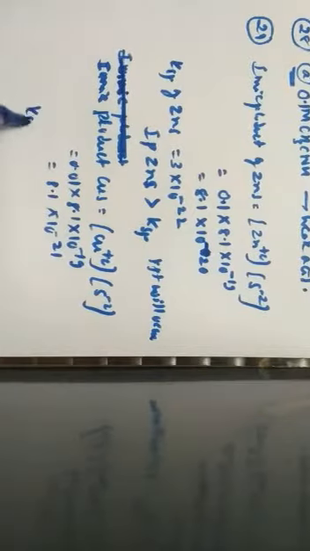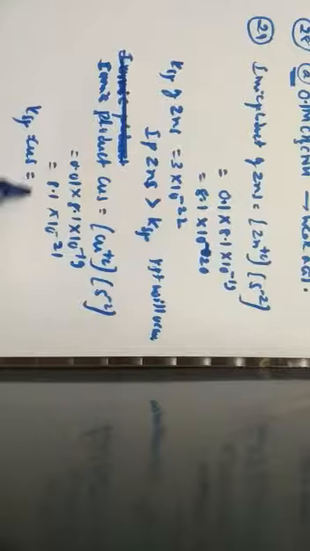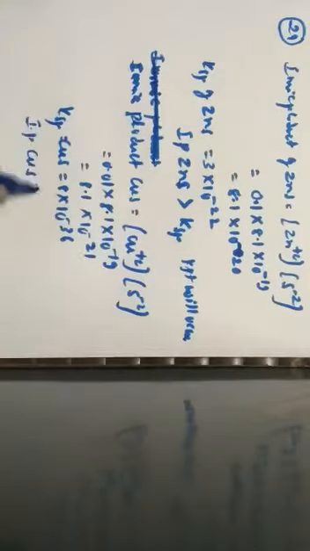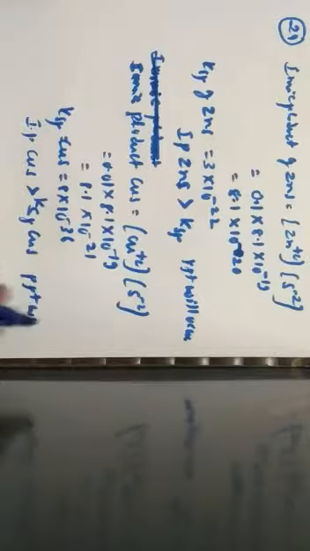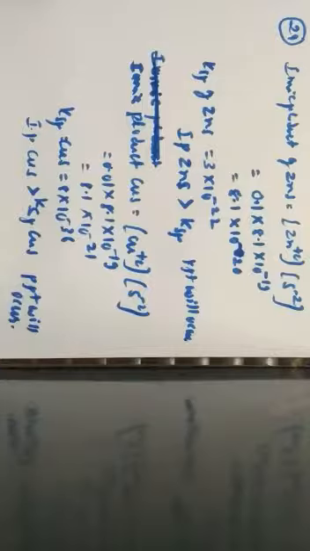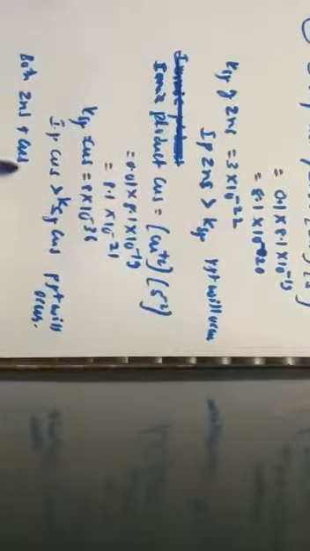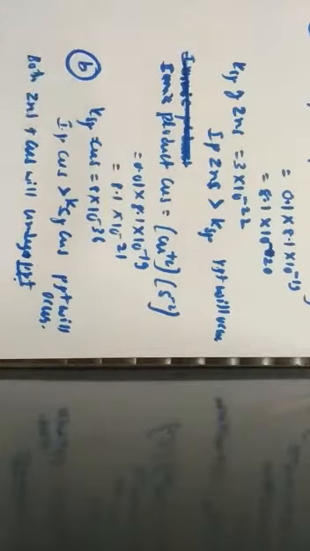But the solubility product of CuS is given as 8 into 10 to the power of minus 36. By this I can clearly understand that the ionic product of CuS is greater than the solubility product of CuS. Hence, precipitation will occur. So both ZnS as well as CuS will undergo precipitation, which is given by option B.